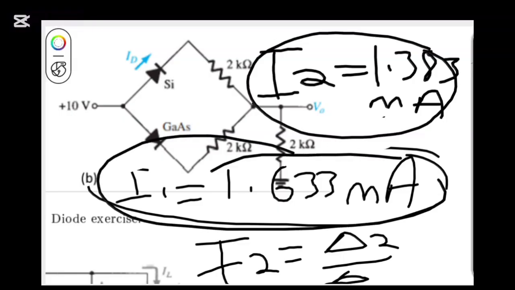So as you can see, the current through the first and the second diode: the first diode carries 1.633 milliamps, and the second diode carries 1.383 milliamps. The next thing that I'm going to find is the V out. So how can I find the V out?